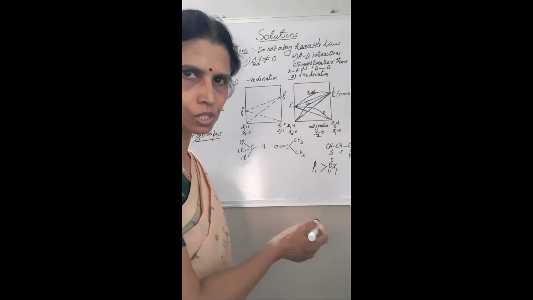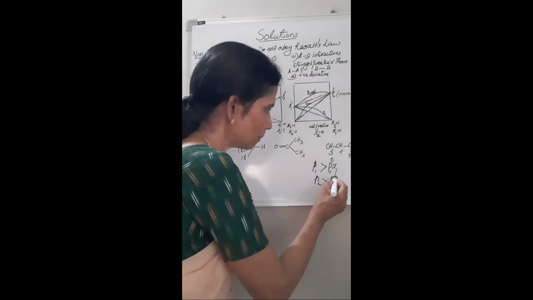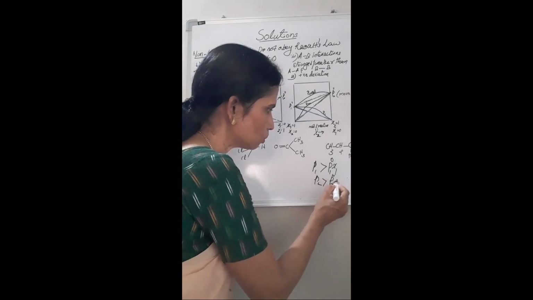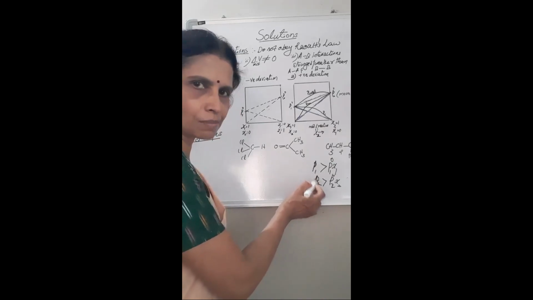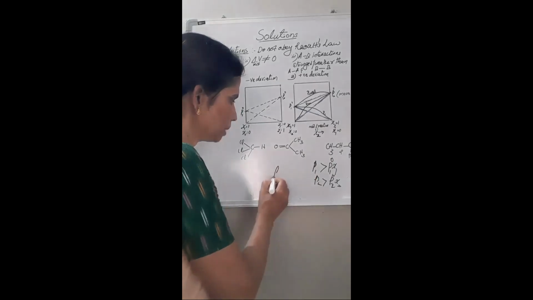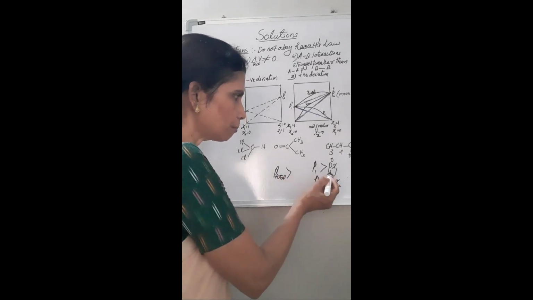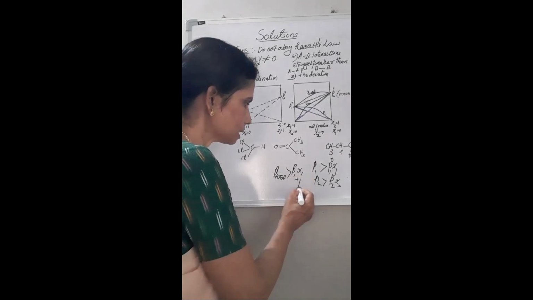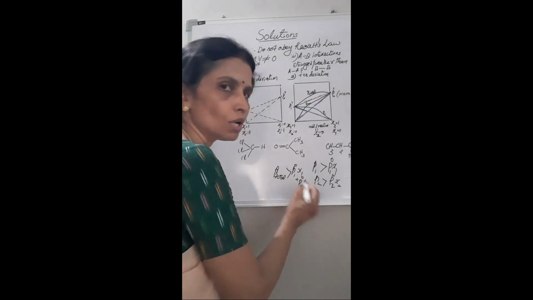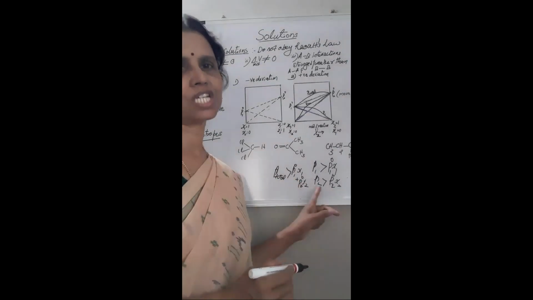In the same way, P2 will be more than P2° into X2. This means P total, that is P1 plus P2, will be more than P1° into X1 plus P2° into X2. So this is called positive deviation.